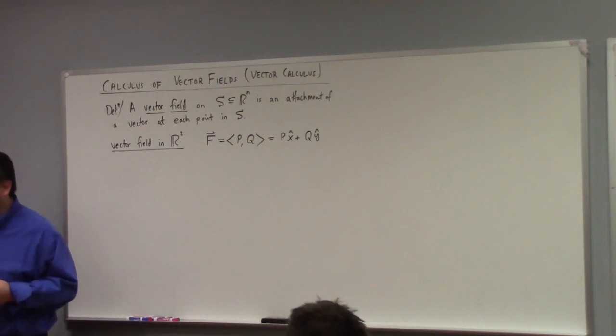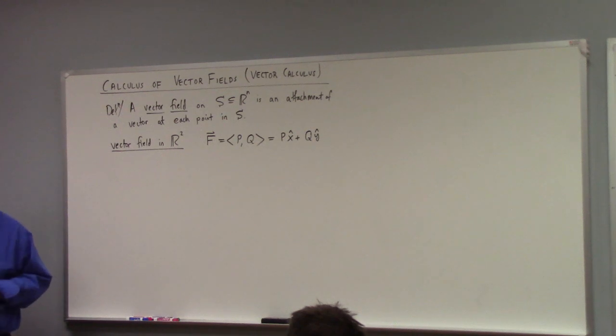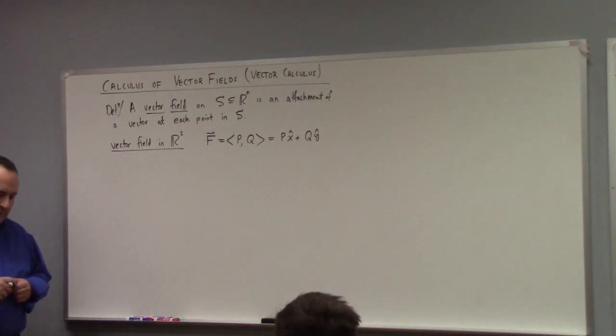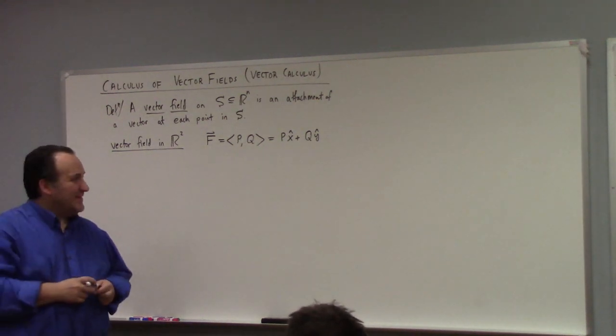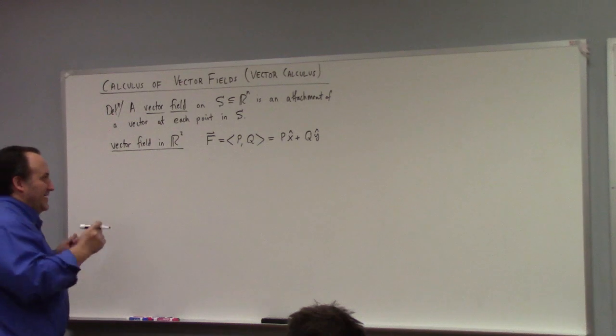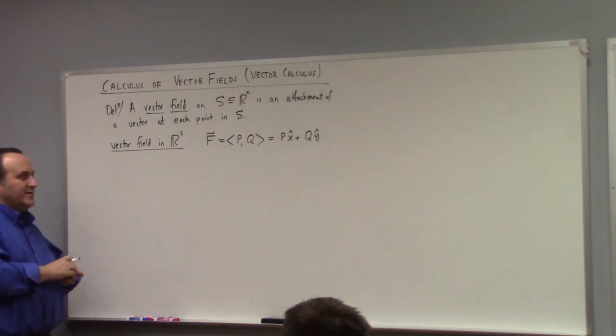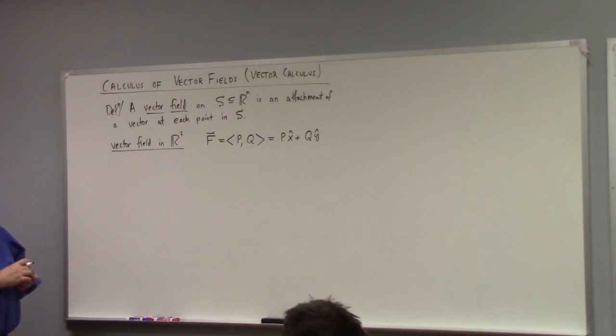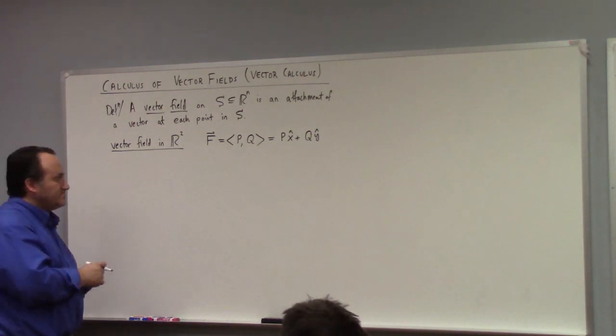Conceptually, maybe the difference between a vector field and vectors that we identify with points is that we envision vector fields being attached at the point of their application. We don't necessarily base them at the origin, right? But this is a vector field in R2.